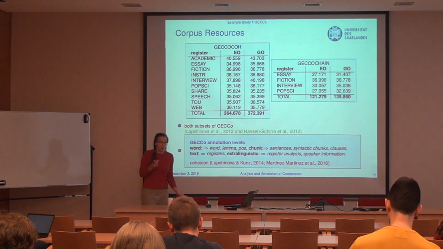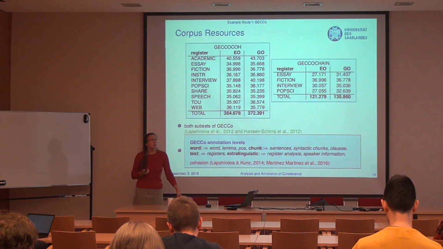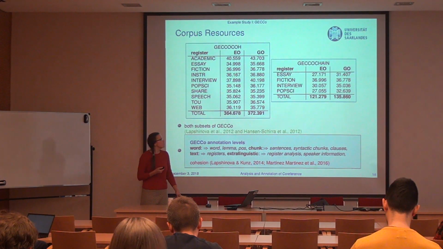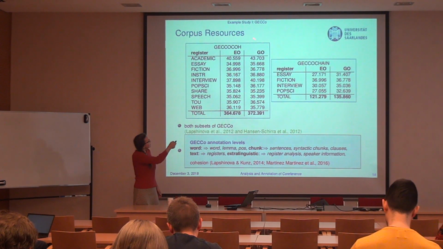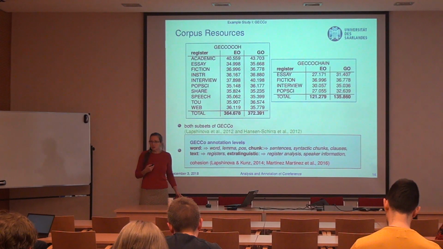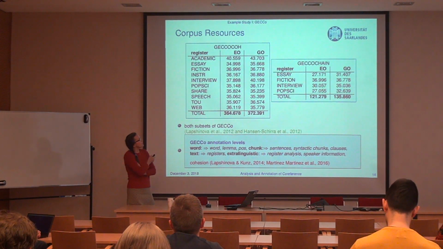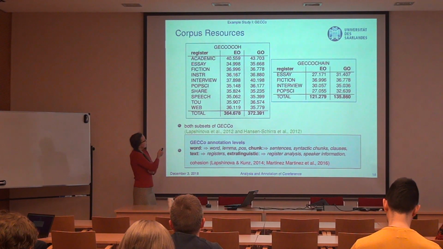So we have a corpus called Gecko, and there are several versions of Gecko. The biggest one was not completely annotated for coreference because the annotation of coreference was performed manually. But this part, so called Gecko Co or Gecko Cohesion, was annotated for all cohesive devices under analysis, except lexical cohesion.